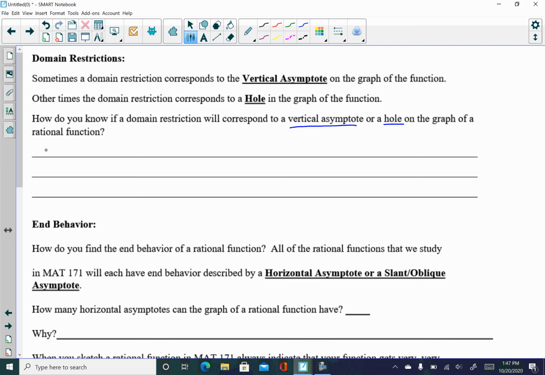you will always factor the numerator and denominator. So let's write this out. You're going to factor numerator and denominator. I'm just going to abbreviate here. So you factor your numerator and denominator. If a factor cancels out, then there is a hole at that location.